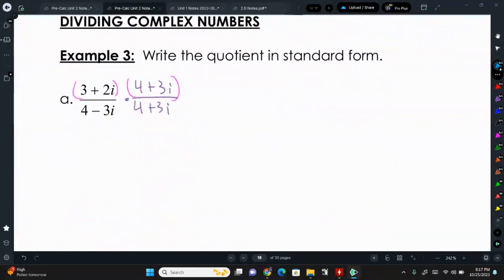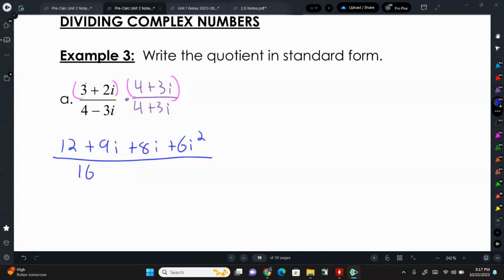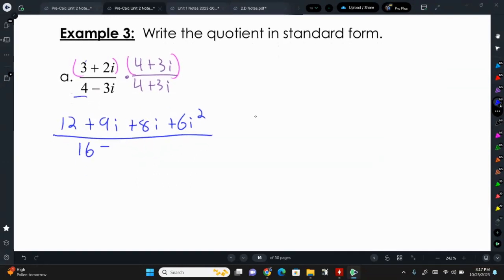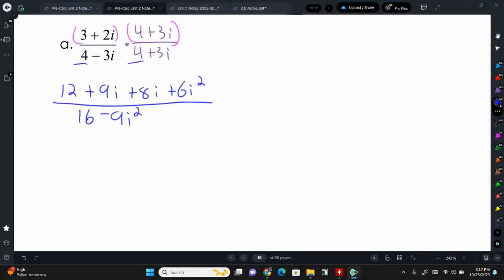Or we can do the -1 substitution. It doesn't matter. So we have in the numerator 12 plus 9i plus 8i plus 6i squared over 16. And yes, we could write minus, 4 times 4 is 16, minus 9i squared. But like I said, we know that i squared is -1, so it's actually 16 plus 9.